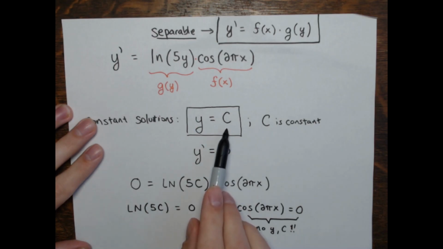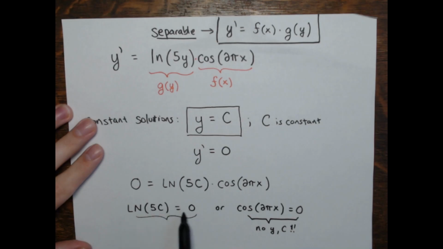So the only equation that's going to give me information is this one. This equation here has the c involved. And if I solve for c, that would mean that 5c must be equal to 1, right? E to the 0 power. And so the only value of c that would actually work here is 1/5.